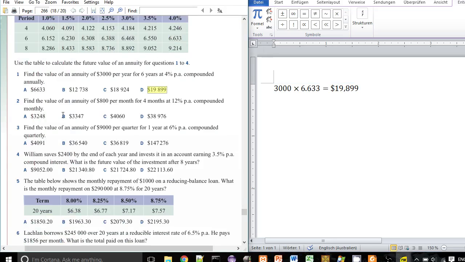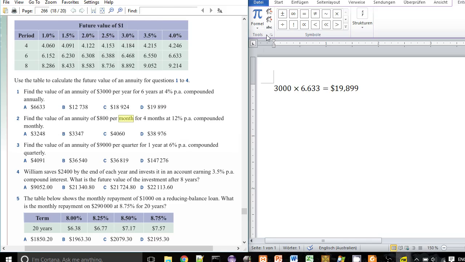Question 2. It's per month, so we're going to need to convert it. 4 months, 12%. Don't think 12% and 4 years, we're going to change it around. It's 4 months, so 4 is the period, but 12%, if you divide that by 12, it's 1% per month. So 1%, 4 periods, this is the number that you multiply by.